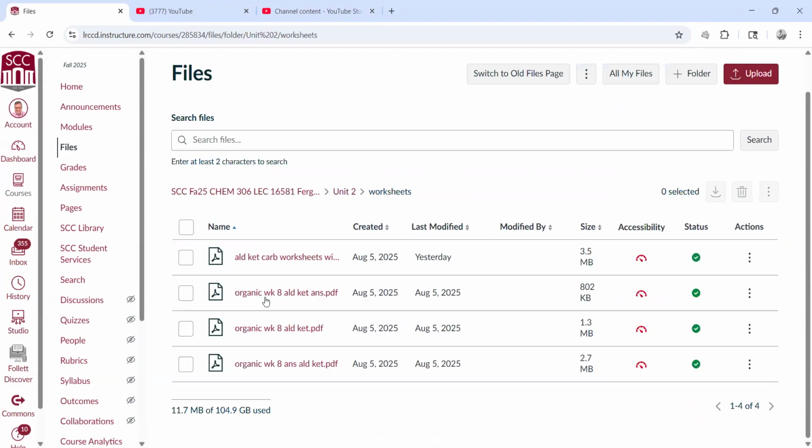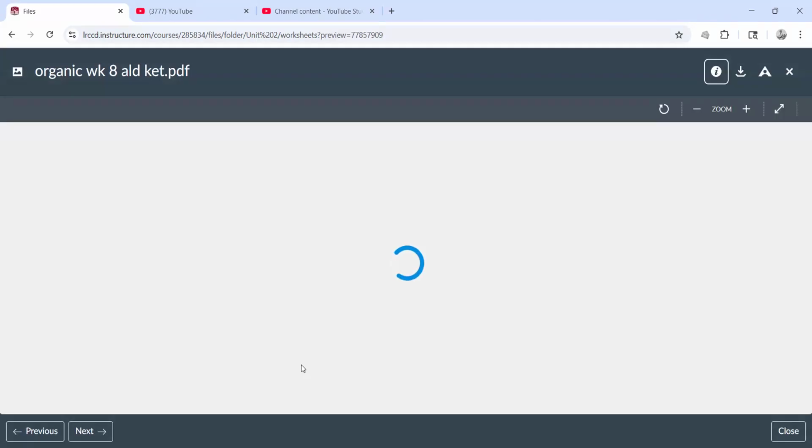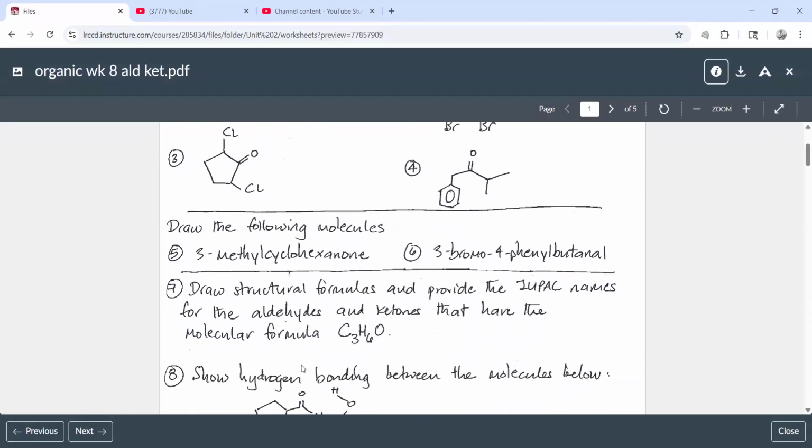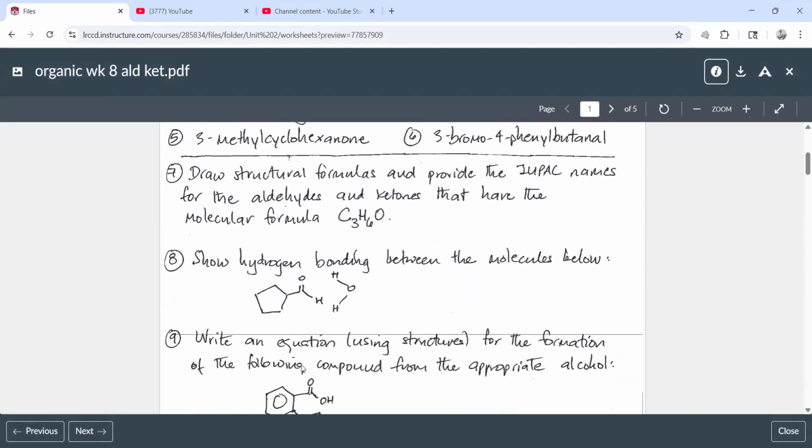You'll see the worksheets here for aldehydes and ketones. And they give you lots of practice. These are going to be similar to the ones you've already done in unit 1.